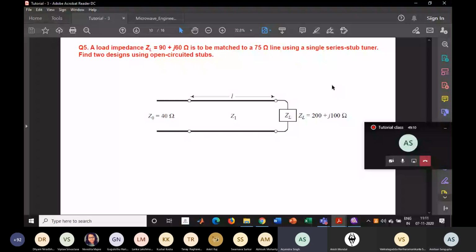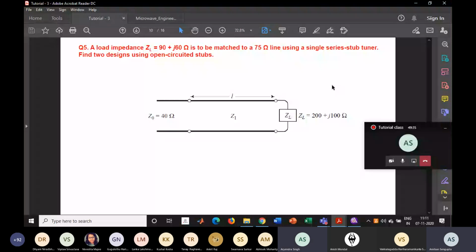And in a shunt stub, we have to first convert that into an admittance Smith chart, and the only difference is that the positions of ZOC and ZSC change, right? There is no other change, right? No.